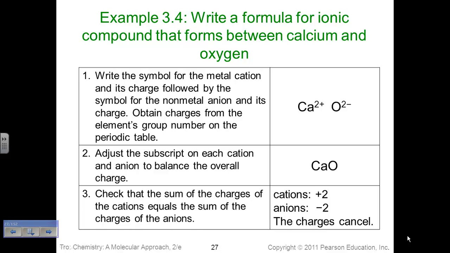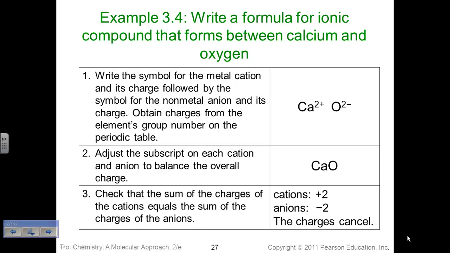Now take a moment. Where is calcium on your periodic table? It's number 20. Locate it. It's in group 2A, period 4. Ca is its symbol. Calcium in group 2A has 2 valence electrons, 2 electrons in its outermost energy level.